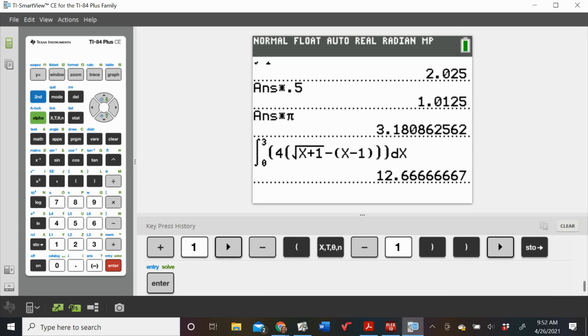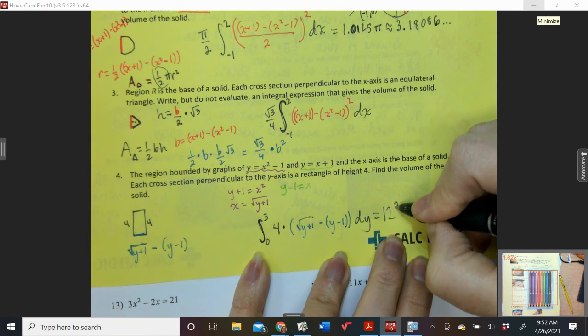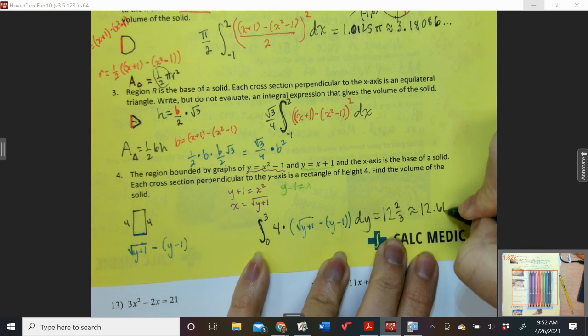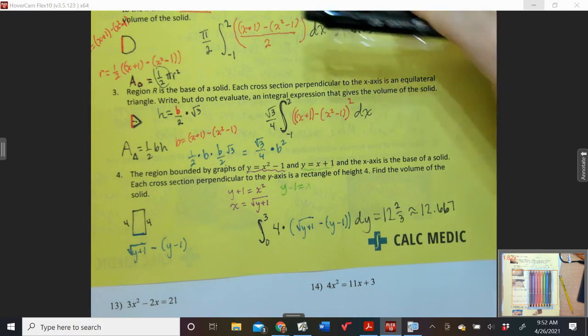Yeah, there you go. We've got 12 2/3. There you go. And that's it.